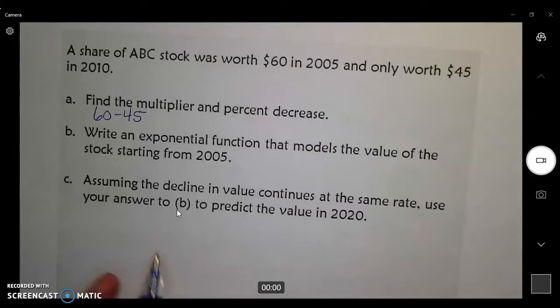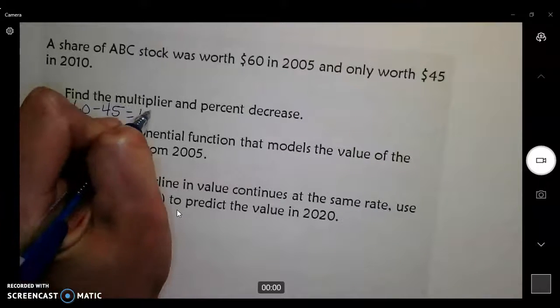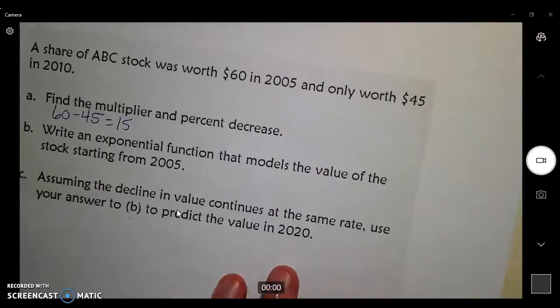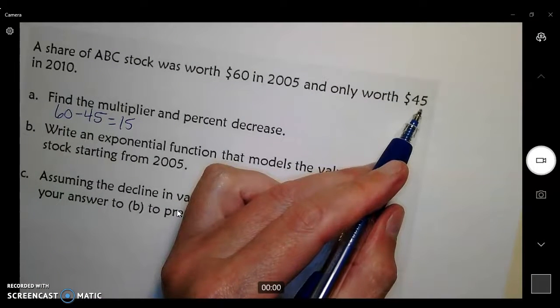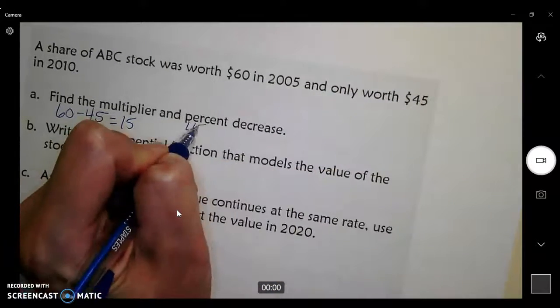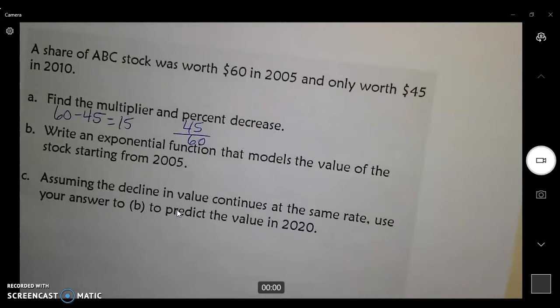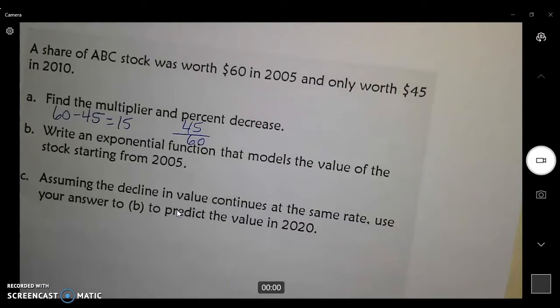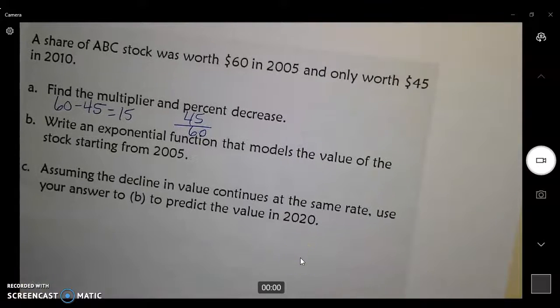Actually, we have to see how much we need here. So even though we went down $15, that's not really an important piece here. What I'm trying to really do is see how much I kept. So 45 divided by 60. That's what we want to do. And that's not working either here. Hold on. Okay, so we're on the right track here.